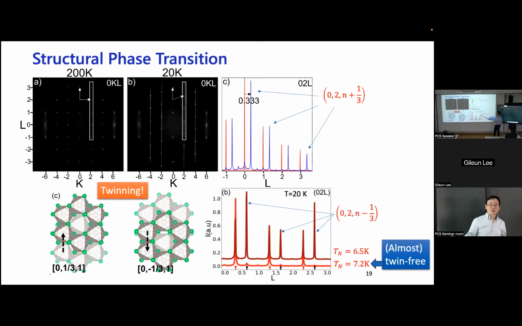But people have done thermal cycling experiments, and what they found was that the ratio between these twin domains seems to be more or less the same even after many cycles. So the twinning does not happen completely randomly.